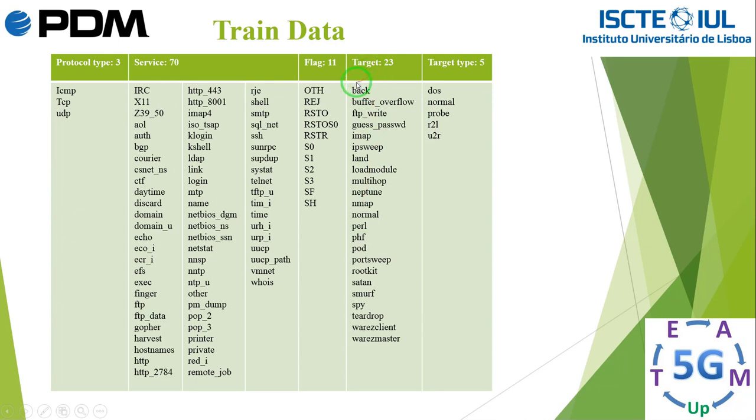We can categorize all of these attacks and the normal data into 5 categories: DOS attack, normal data, probe attack, R2L, and U2R, and we use the target type for the classification. But in this video we want to speak only about the protocol type, service, and flag, these 3 features.